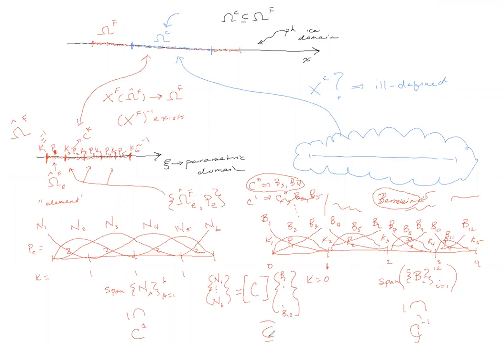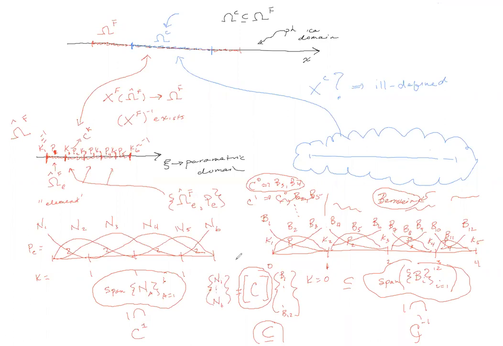Okay, because C1 is contained in C minus 1, the span of these guys, since everything is polynomial, is actually contained in the span of these guys, which means there's a linear transformation between your discontinuous Bernstein polynomial basis and the smooth basis that you're interested in.